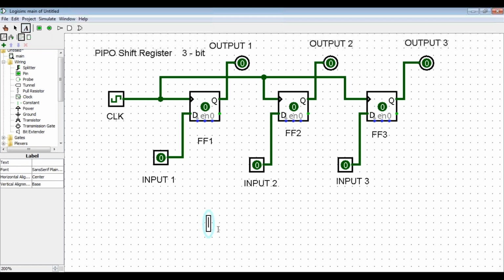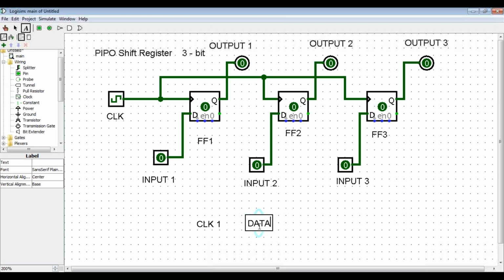In parallel in, parallel out, if you are applying the first clock pulse, at that time itself your data will be loaded. This is the case of load.